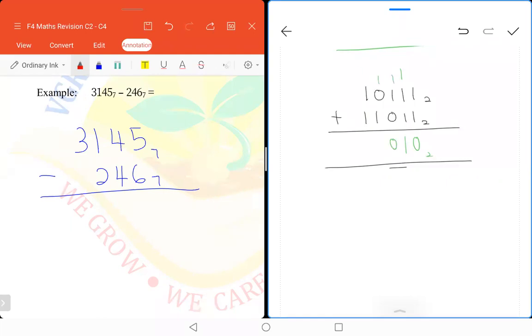This one again, 10. 1 plus 1 plus 1 is 11, because you need to add 1 here. So the answer is 1, 0, 1, 1, 0, 0, 1, 0.